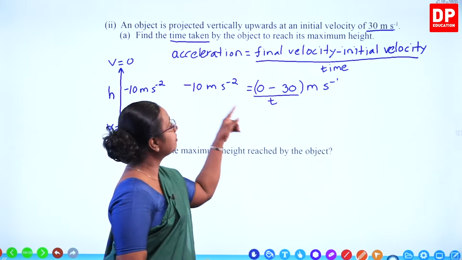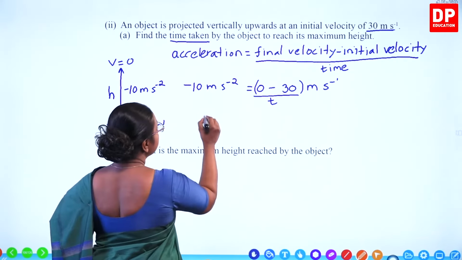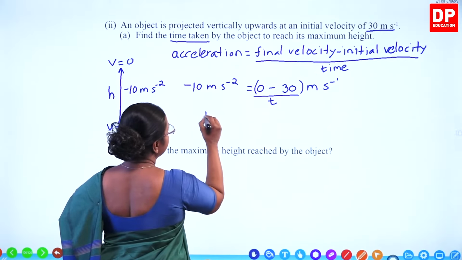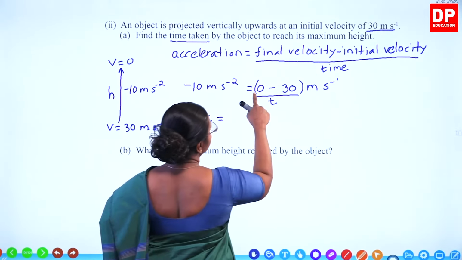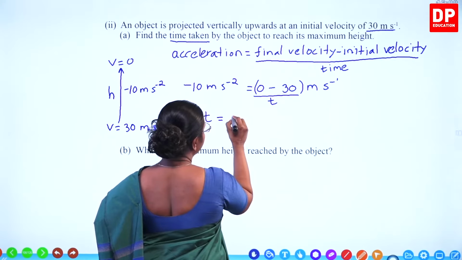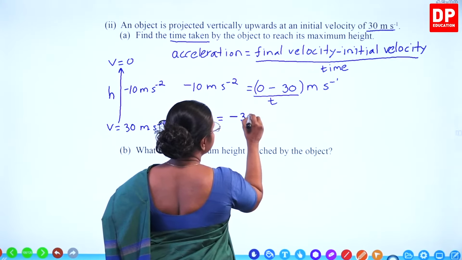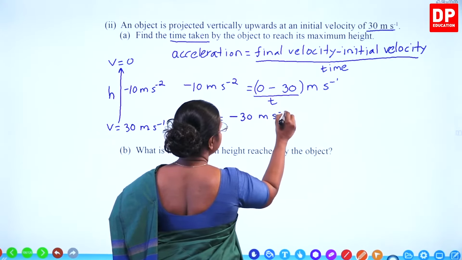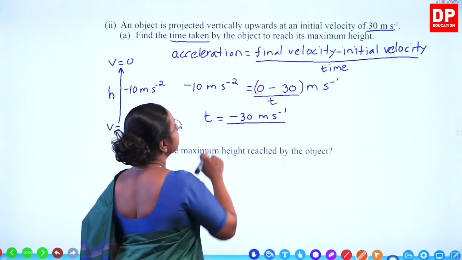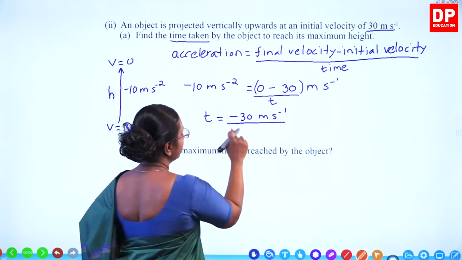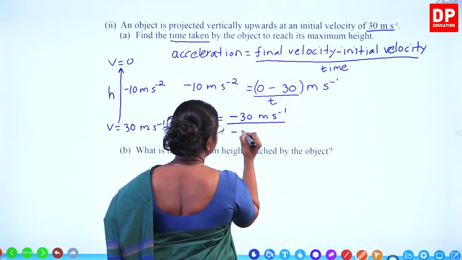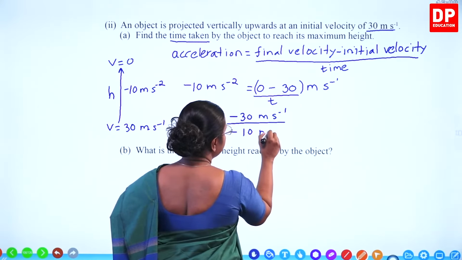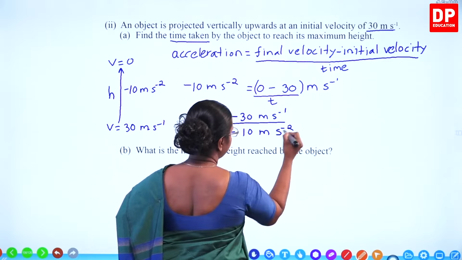And here we can rearrange the equation. T can be taken as the subject. So here when you calculate 0 minus 30 is minus 30 meters per second, and the minus 10 meters per second squared has to come this side.